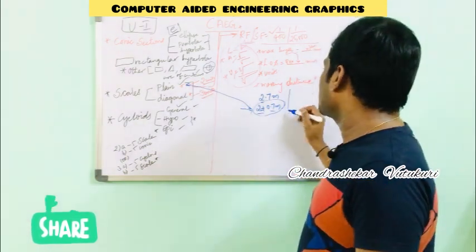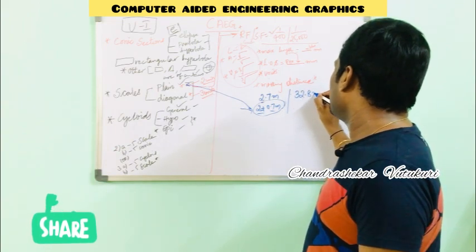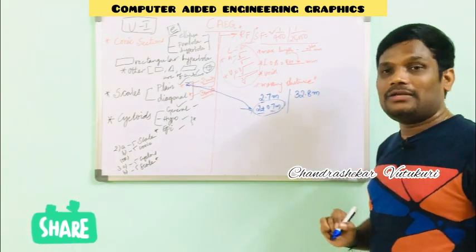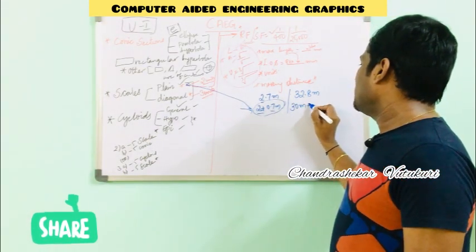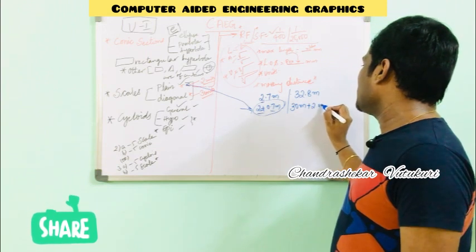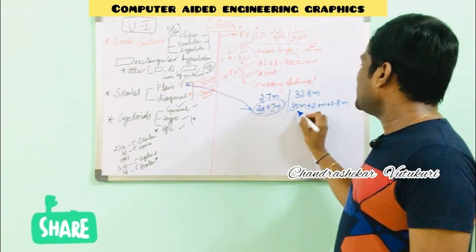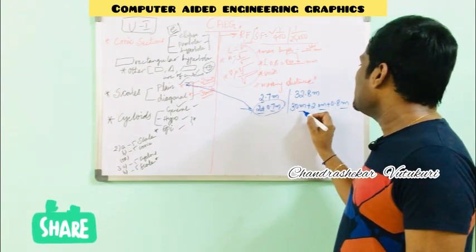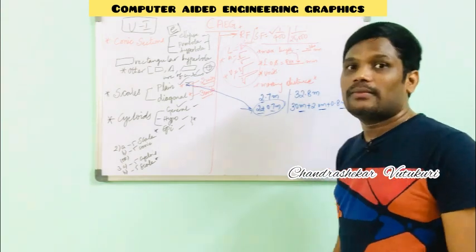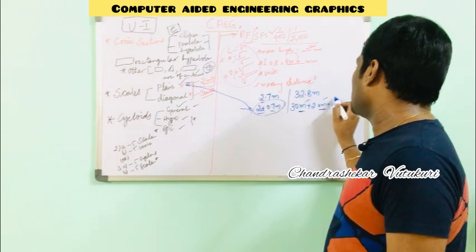Or sometimes it is 32.8 meter, for example. So, this is nothing but what? 30 meter plus 2 meter plus 0.8 meter. So, how many units? Similar units, or maybe we will convert this into centimeter, decimeter. So, this is said to be a diagonal scale because there are 3: 1, 2, 3.